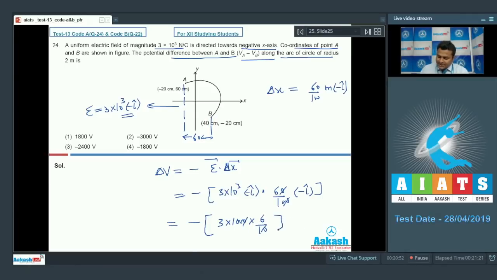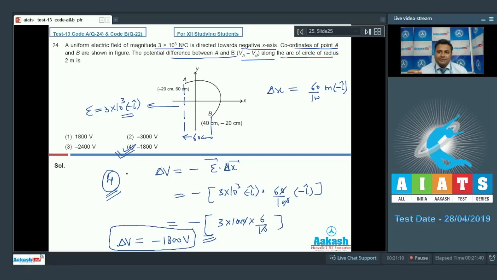Cancel out. 6 3 ja 18. So potential difference between A and B is minus 1800 volt. And after looking at the answer, we can say that option number 4 is absolutely correct. So we'll go with option number 4 only.